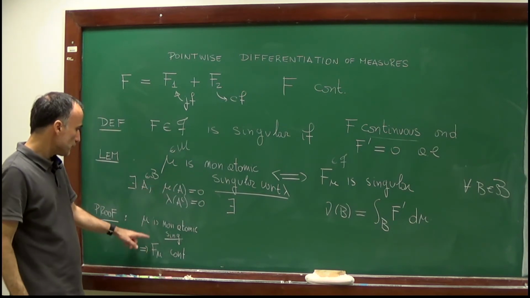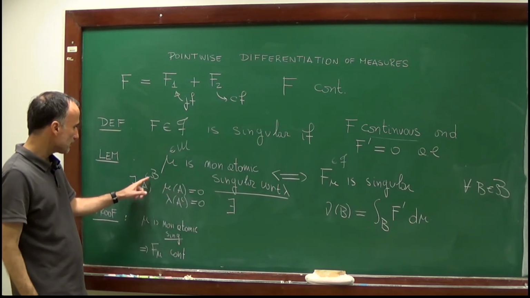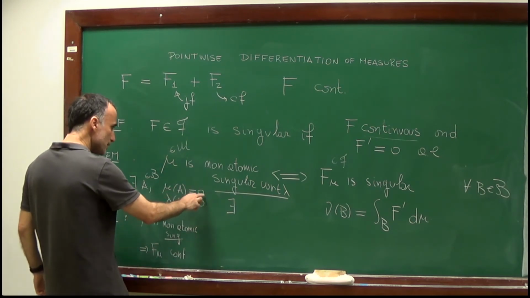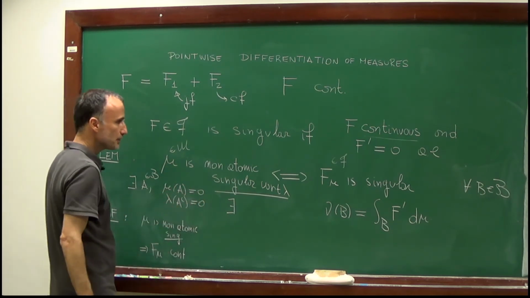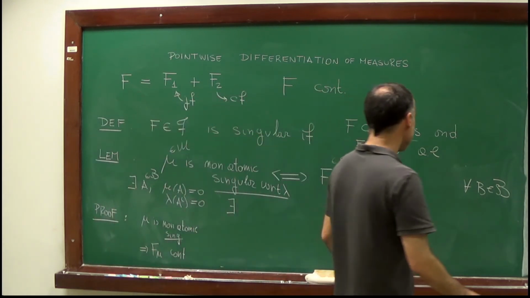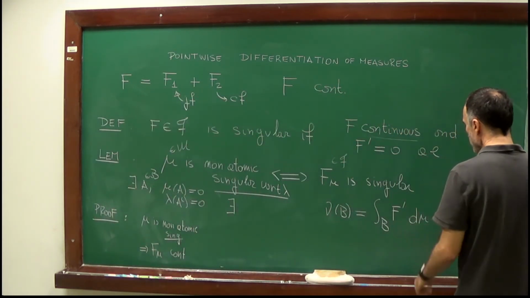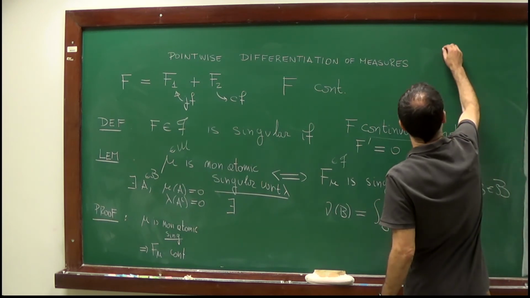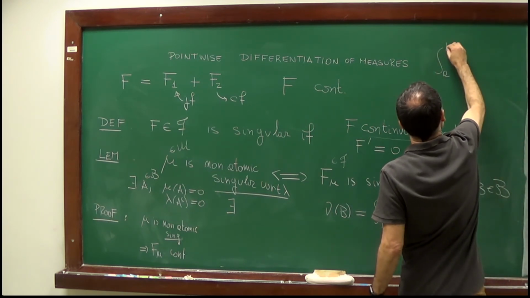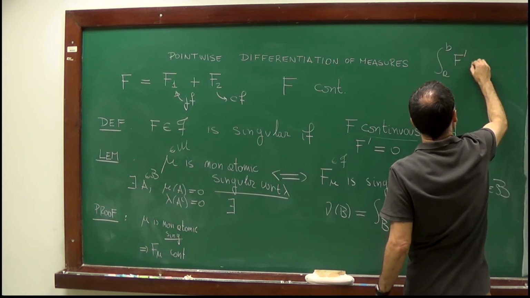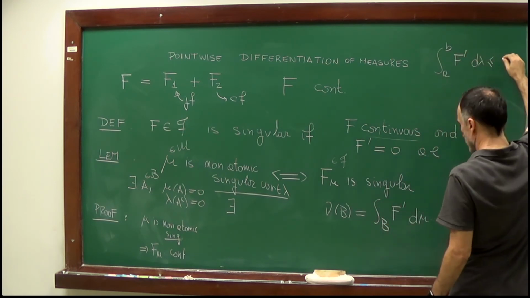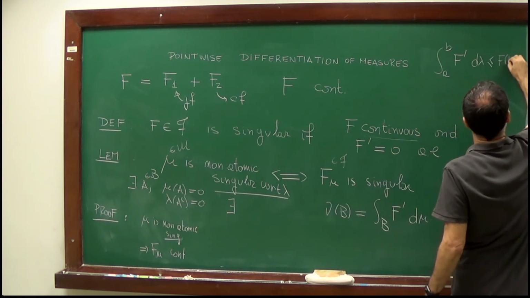And since mu is singular, I know that there exists a set A such that mu of A is 0, and lambda of A complement is 0. Okay, so now remember that nu of B is given by this expression, and as I wrote, the integral over (a,b] of f prime d lambda is less or equal than f(b) minus f(a).